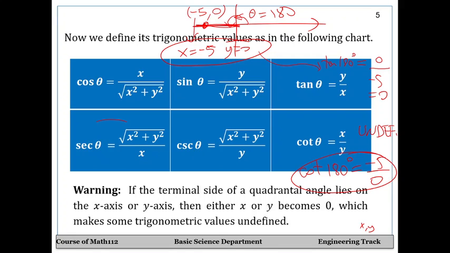So here the warning says this fact: the terminal side of a quadrantal angle. Quadrantal means the terminal side is on the x-axis or y-axis, so 0, 90, 180, 270, or 360 degrees.